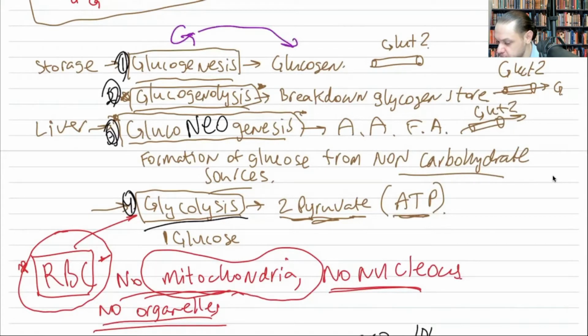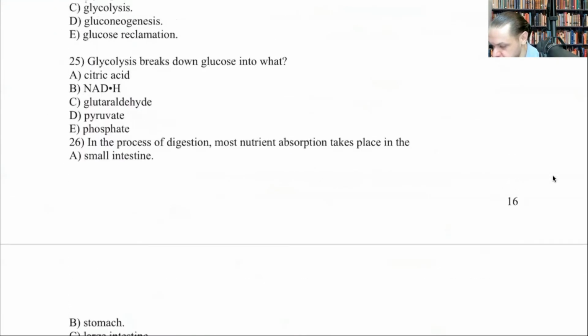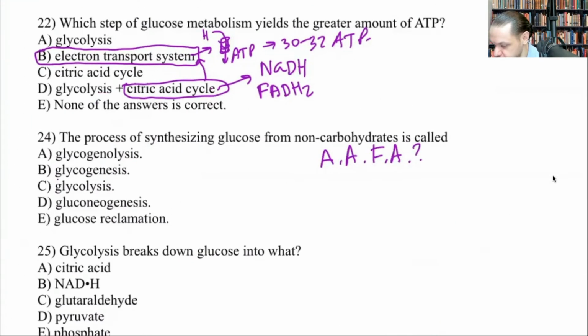But we said we want to form glucose from non-carbohydrate sources. So gluconeo, right? Okay. So 24 is here. After seeing that, it says from non-carbohydrate sources, how would you adjust your answer? D. D, very good.